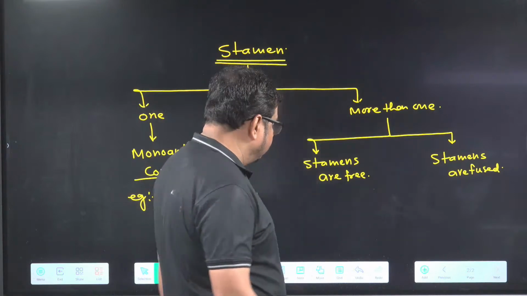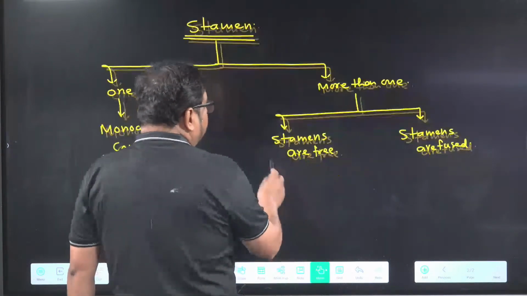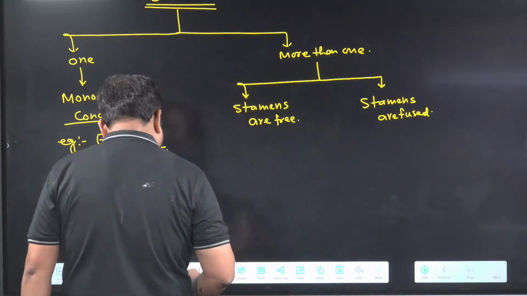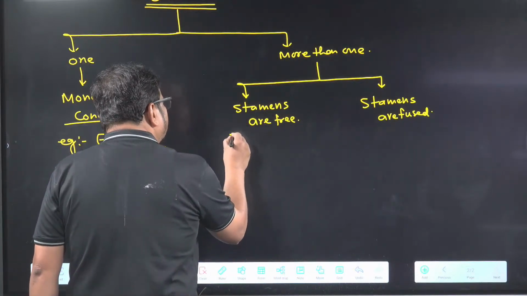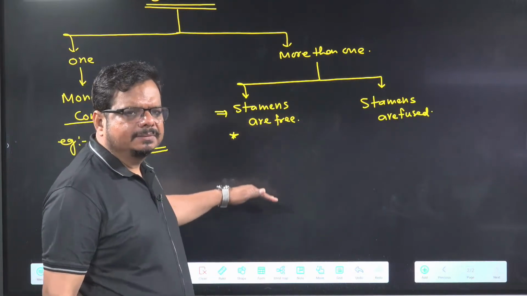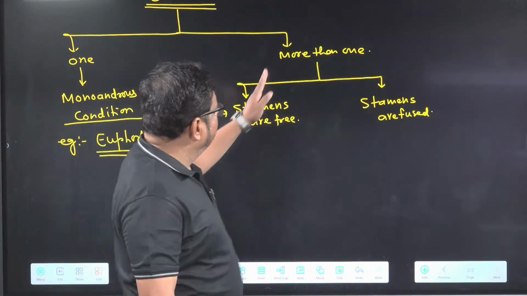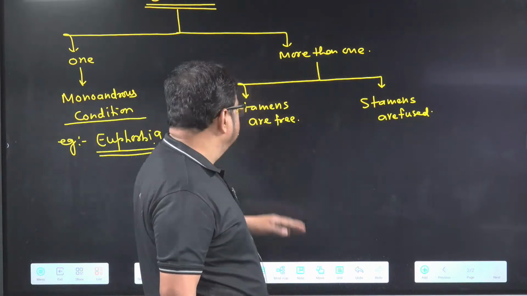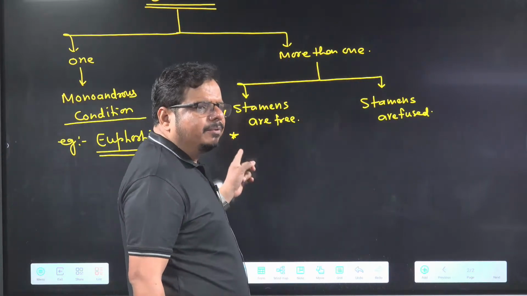Understood? Now, if stamens are free, NCERT wrote nothing about it, so we will not emphasize this one. When more than 1 stamen are there and it is free, I will give you the idea later on.